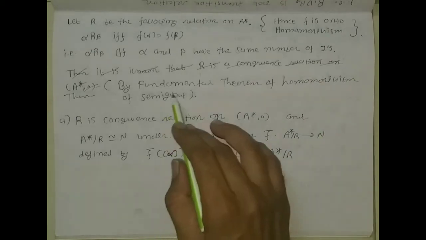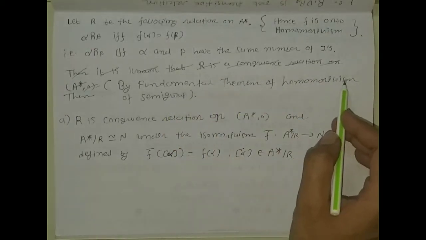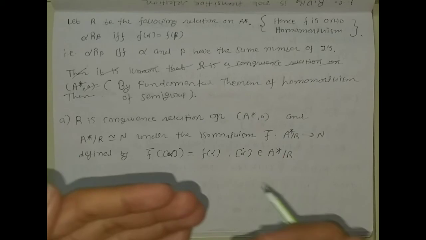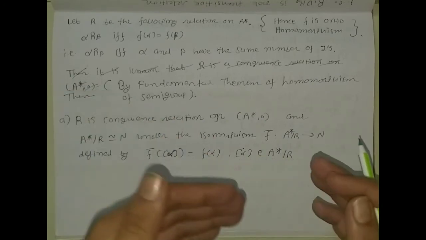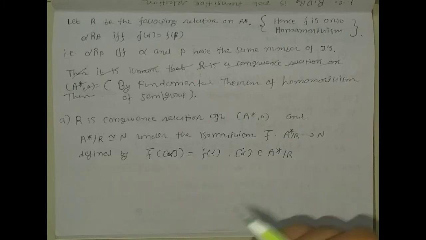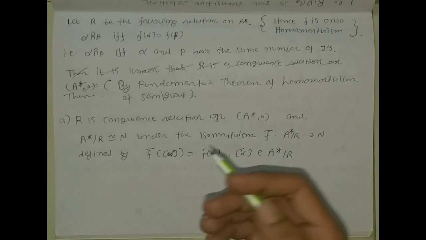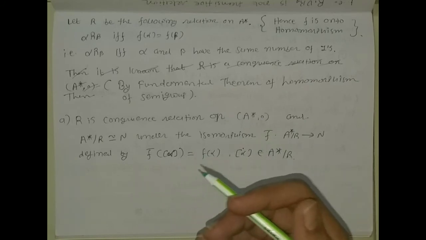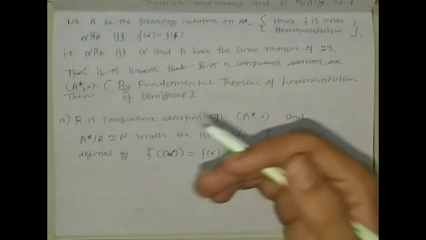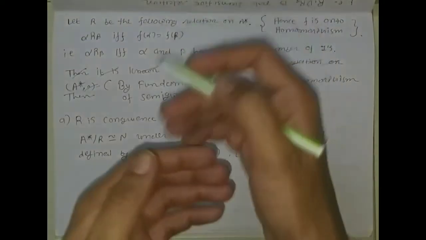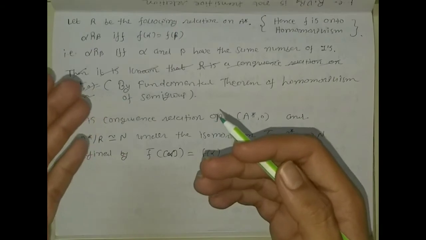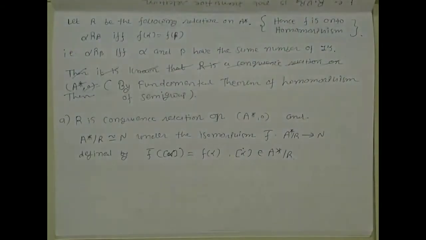So by the fundamental theorem of homomorphism of semigroup, what do we have? We have defined one onto homomorphism from A star to N, and then we defined one relation R on A star as alpha is related to beta if and only if f of alpha is equal to f of beta. So this is the hypothesis of the fundamental homomorphism theorem. From these two things we apply the fundamental theorem of homomorphism on this semigroup.